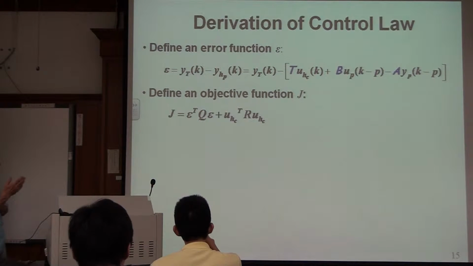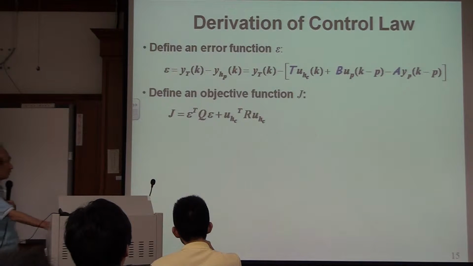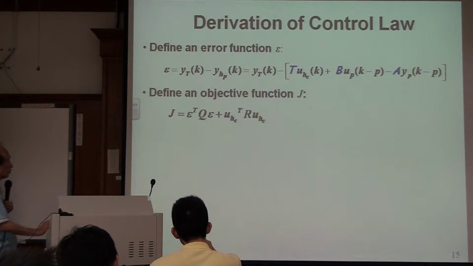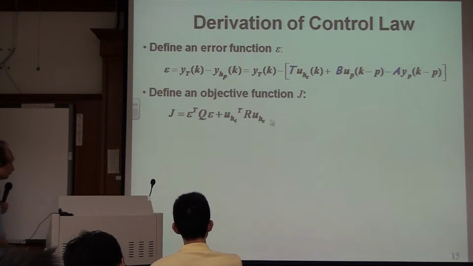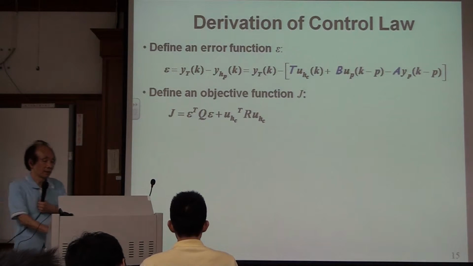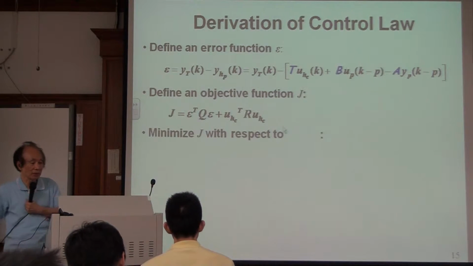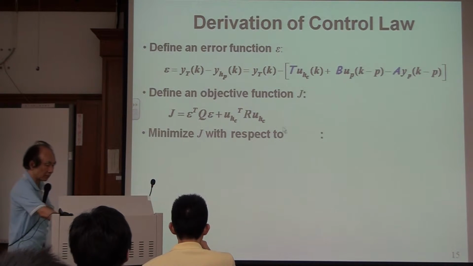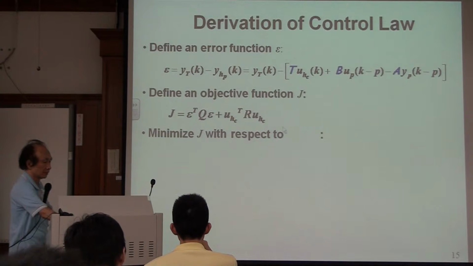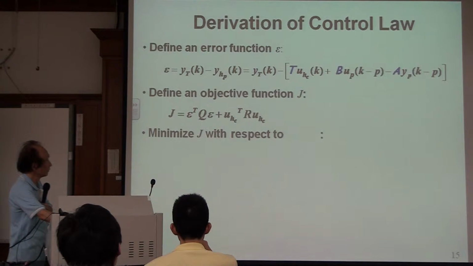That's my error transpose Q error, plus U, that's my future input, transpose U R U. This is not only just U K, this is all future input involved in here. And Q and R the same thing. Q must be positive semi-definite and R must be positive definite. Okay?